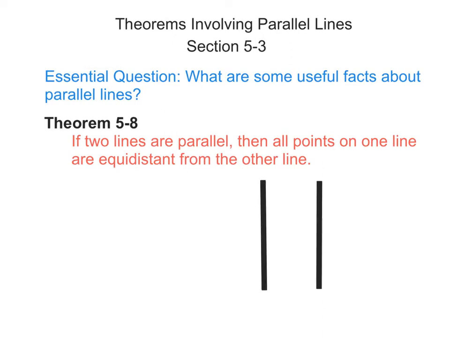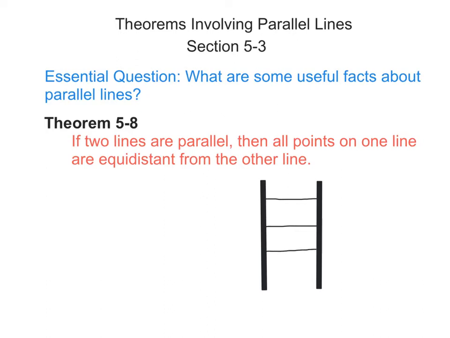Well, let's assume that these two black lines are parallel. And let's assume that we're building ourselves a ladder. And then we could say that every rung of the ladder is going to be the same length, okay?